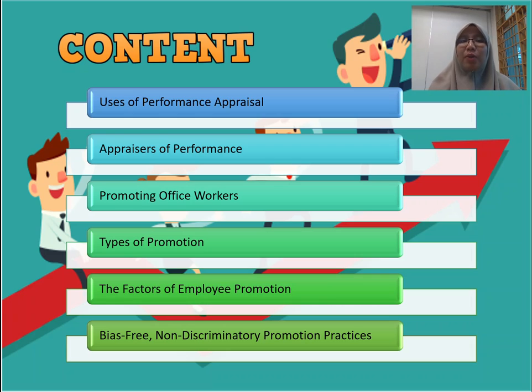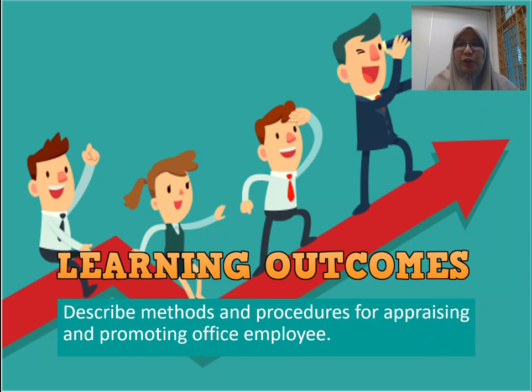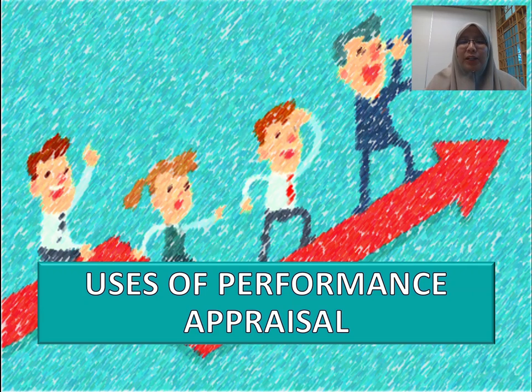Actually, we have covered performance appraisal in general. So by the end of this chapter, you need to describe the methods and procedures for appraising and promoting office employees. Chapter 8 is the shortest one compared to other chapters. So let's go to the first part, the uses of performance appraisal.